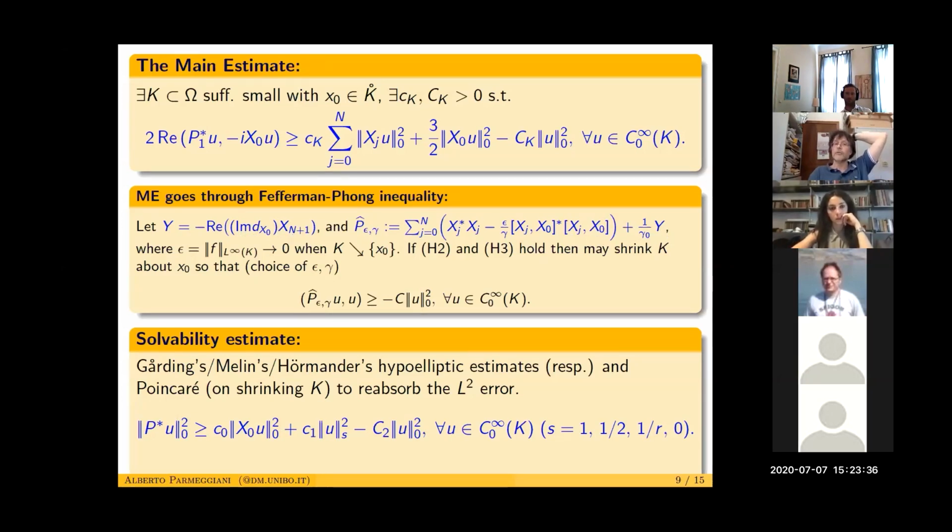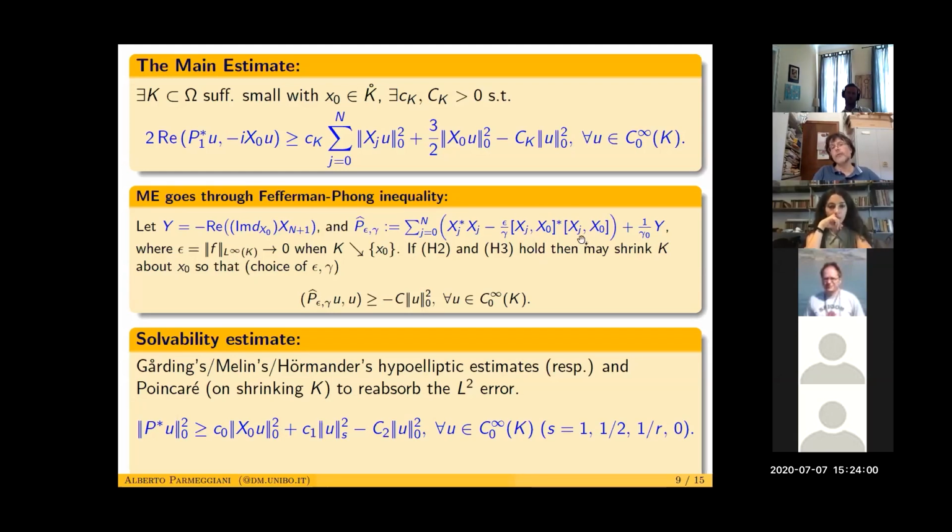But you see, the point is the following: here there are some parameters, epsilon, where epsilon is the infinity norm of the function f, which goes to 0 if K shrinks to the point x naught, because x naught is a vanishing point for f. So this is actually a perturbation.